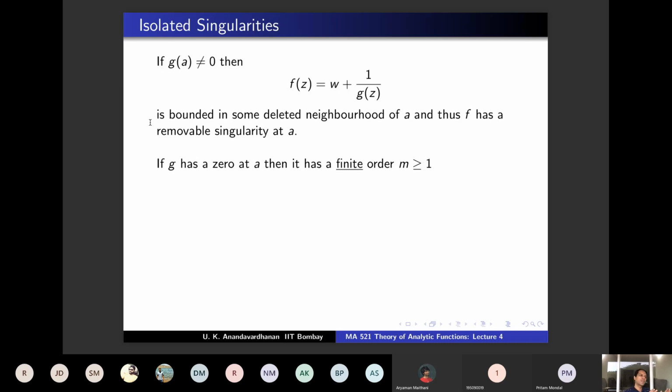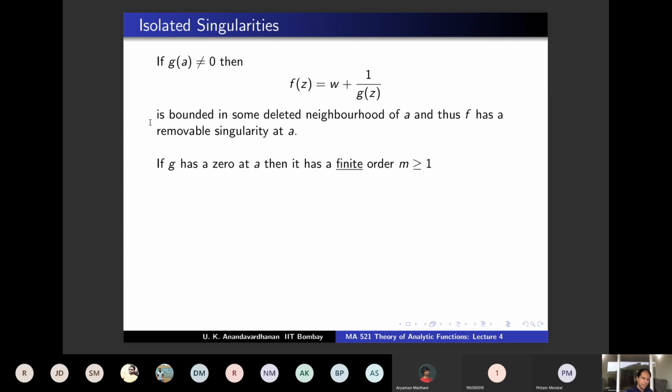If it's a non-zero function, not identically zero, then in the power series there is a c_m which is non-zero, so up to that only you can pull it out. There is always a finite order. Any zero comes with a finite order, something we already saw in our proof when showing zeros are isolated.